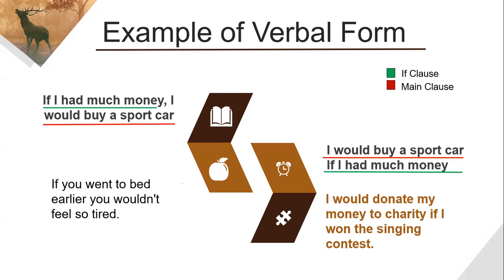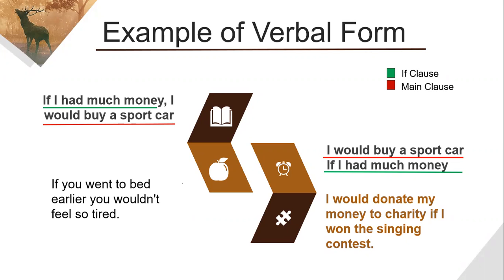So, or we can say an unreal situation in the present. Jadi, kenyataannya itu tidak real pada saat sekarang. So, we use conditional sentence type 2 to express unreal conditions.